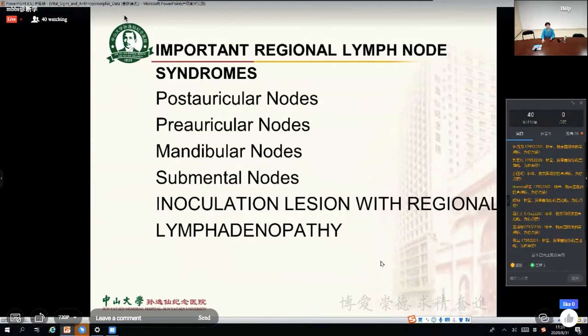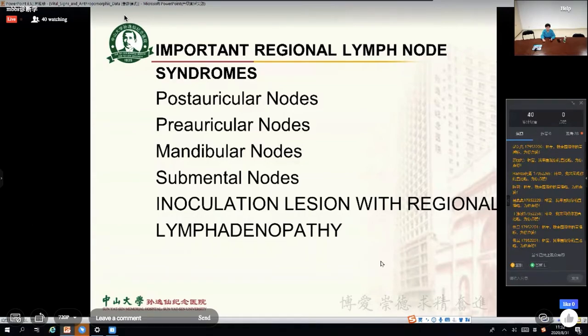And for the important regional lymph node syndromes, we need to pay particular attention to the post-auricular nodes, pre-auricular nodes, submandibular nodes, and submental nodes. These are the nodes draining the region for ENT disease.